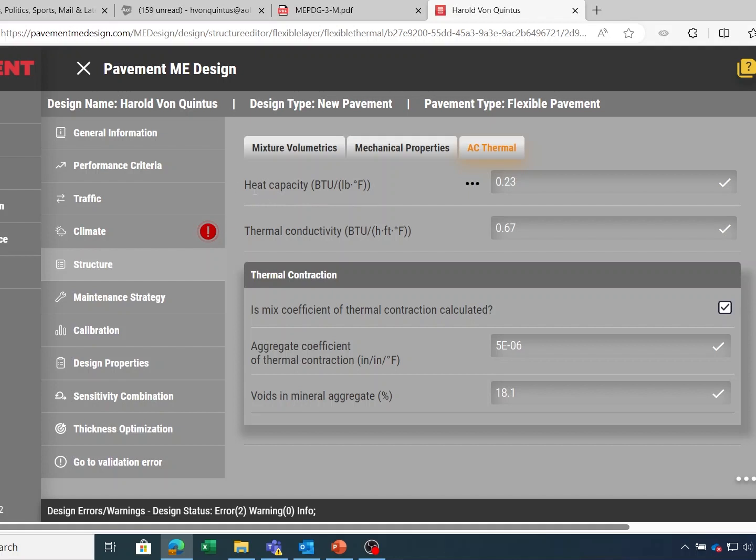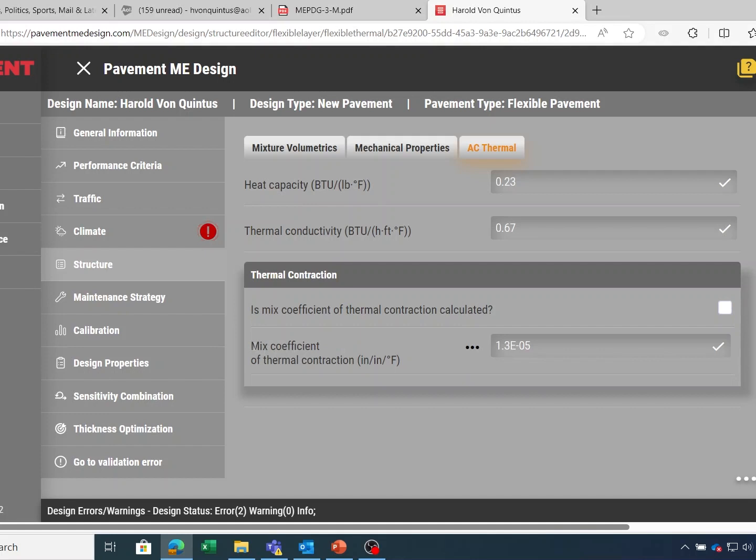Those thermal properties include heat capacity, thermal conductivity, aggregate, and the coefficient of thermal contraction, which can be calculated, or the coefficient of thermal contraction can simply be entered by the user as a constant value.